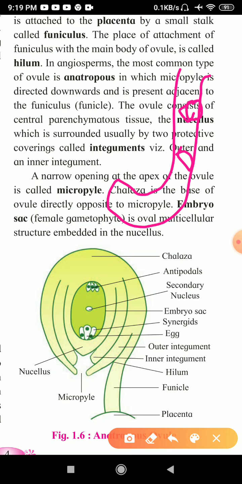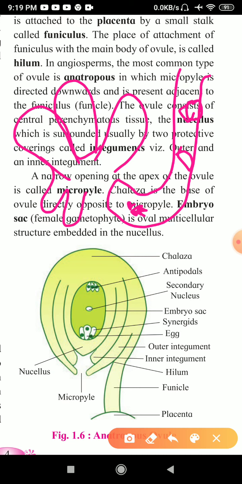These are the two male gametes, this is the middle egg cell, and these are the two surrounding cells. This is the tube nucleus. As the tip of the pollen tube reaches the synergid cells, these synergid cells form finger-like projections, and these finger-like projections capture the tip of the pollen tube.